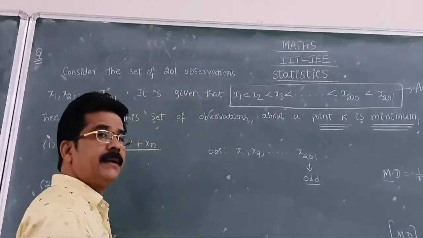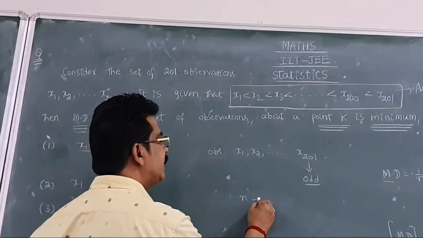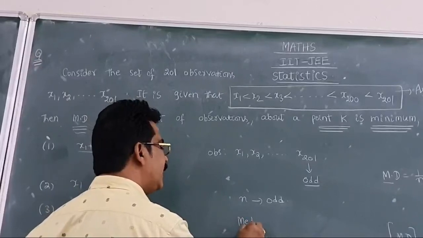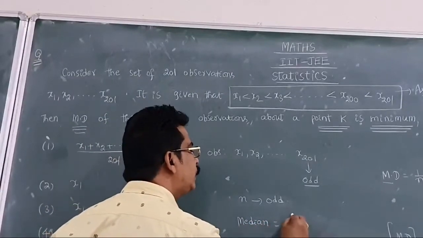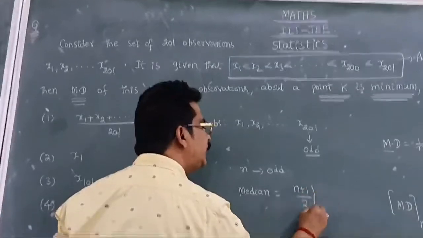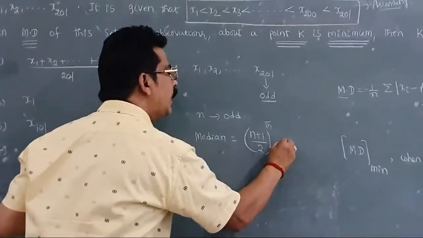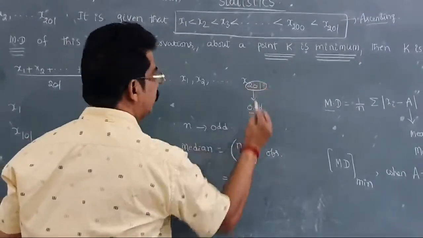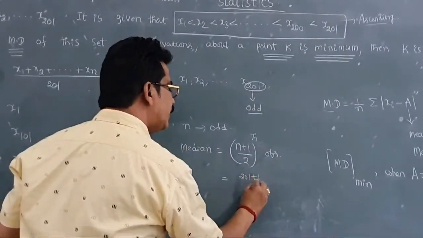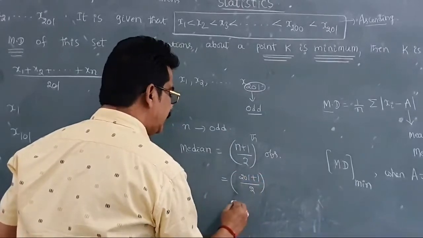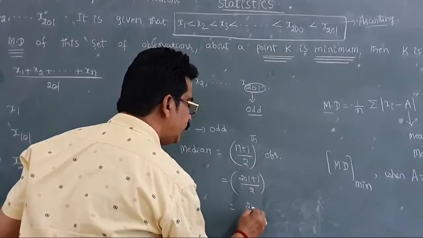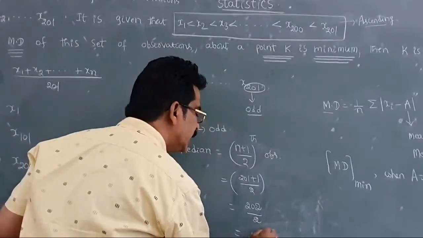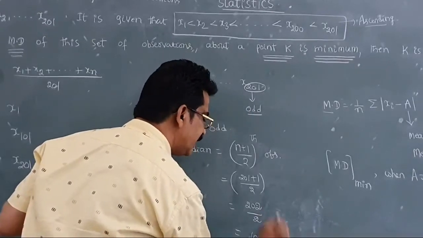Already I said when n is an odd number, then median is equal to the n plus 1 by 2th term. Here n is 201, so it is 201 plus 1 by 2, that is 202 divided by 2, that is equal to the 101st observation.